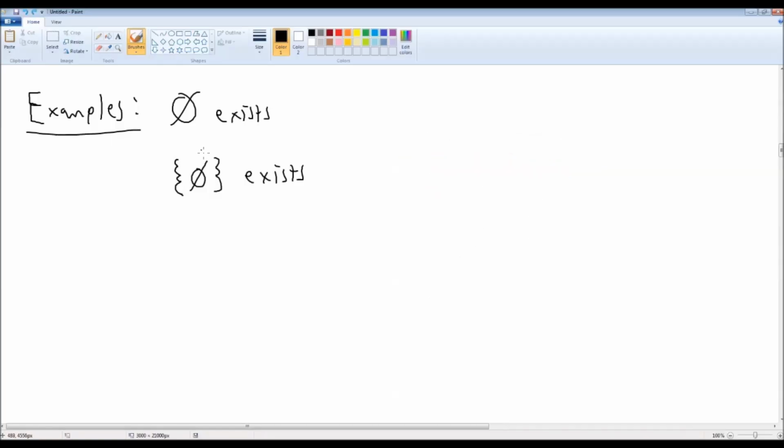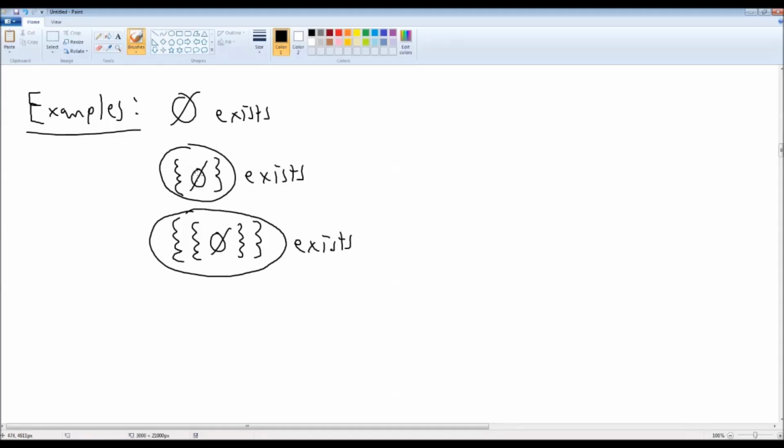We can also use the axiom of pairing to take another singleton, the singleton containing this set, so we can form the set containing the set containing the empty set. So this set exists as well. And by similar logic, you can show that this is distinct from this as well as from this.